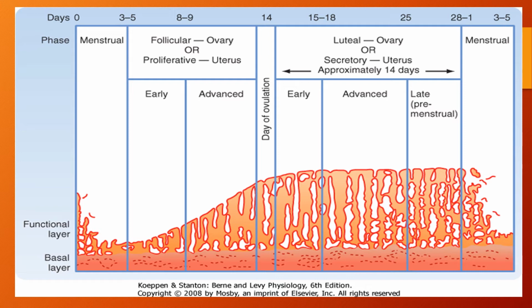This is the normal cycle. Any problem with this normal cycle, like a shorter cycle, frequent menstruation or menometrorrhagia, you can see there will be problems in the timing of the cycle itself.